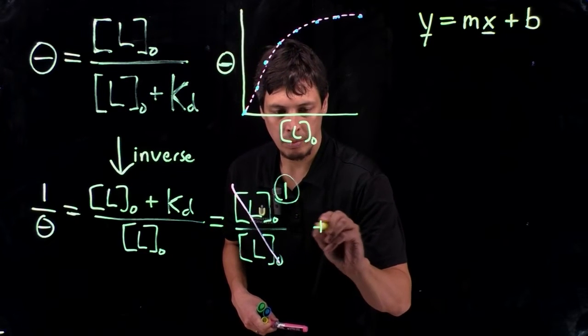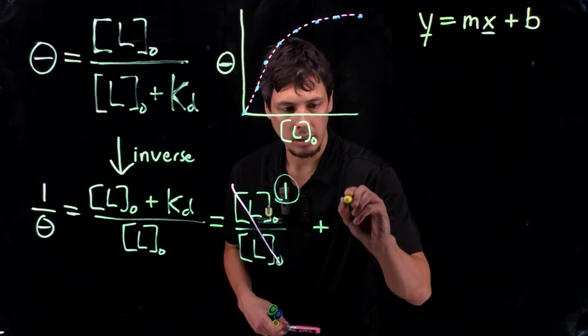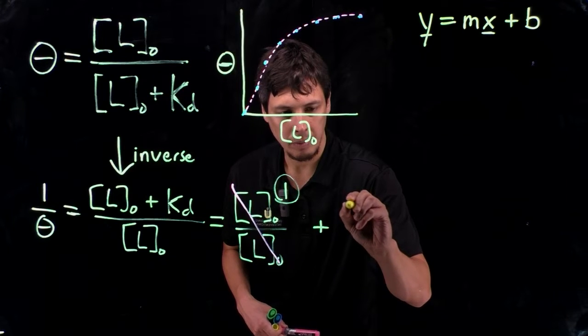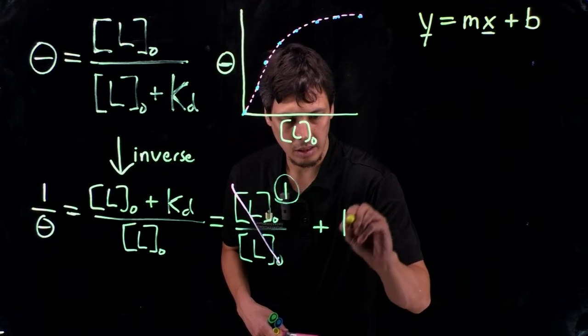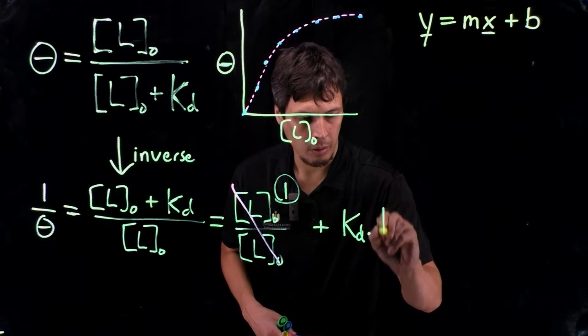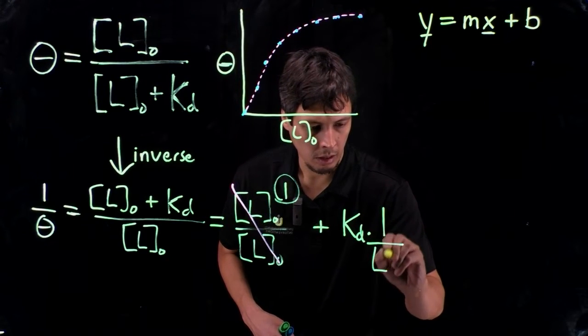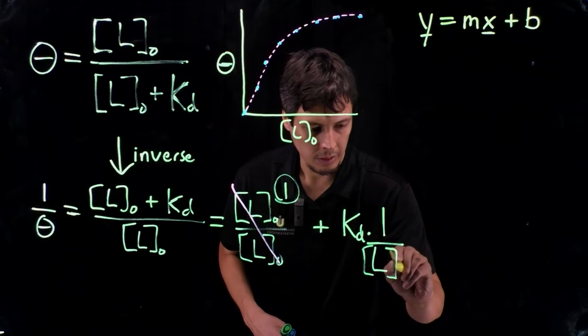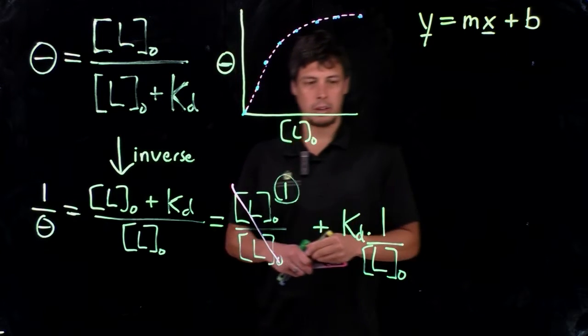Second term is Kd over ligand naught, but we're going to write this as Kd times 1 over initial ligand concentration, okay?